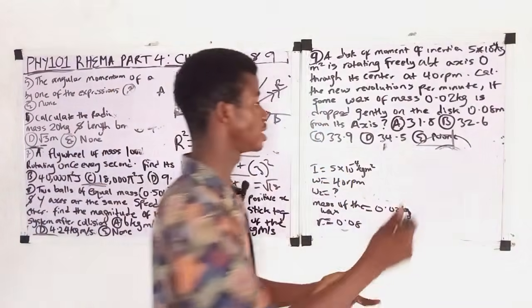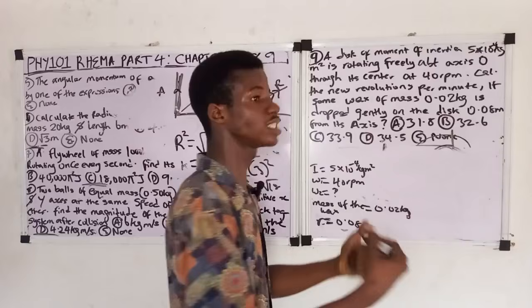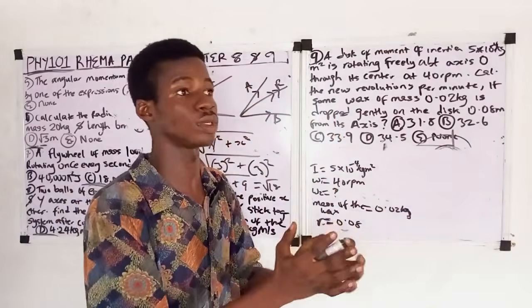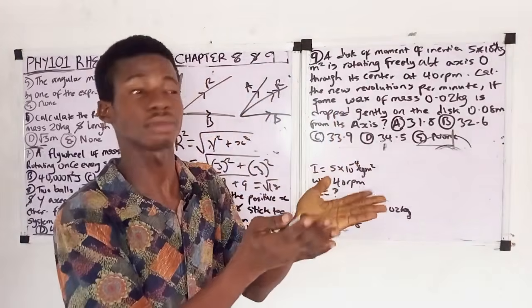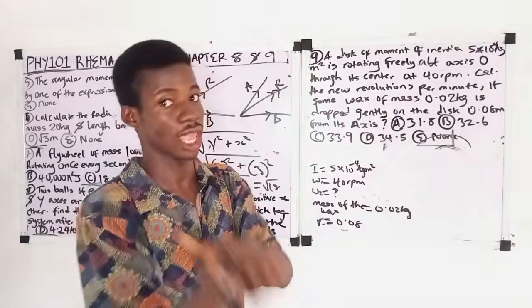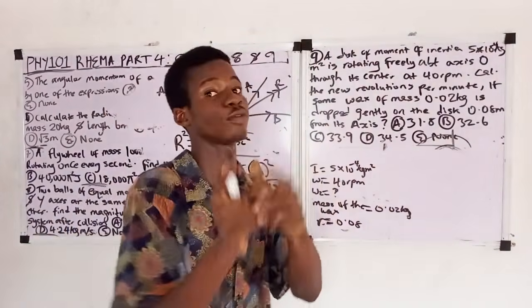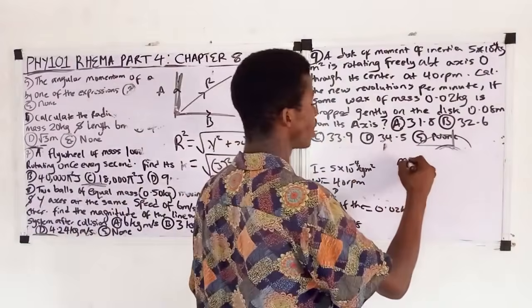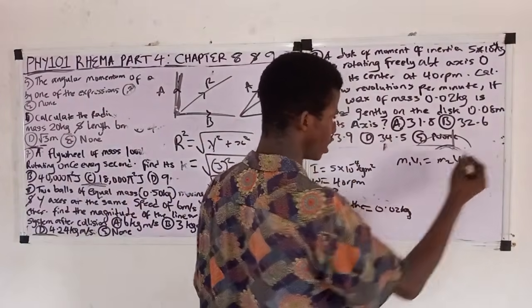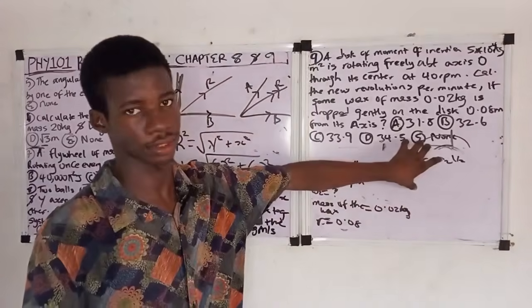I'm using it in terms of collision. So we have something like M1V1 equals M2V2. That is in linear terms.